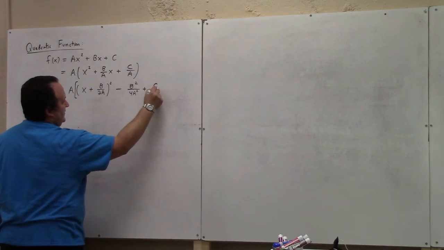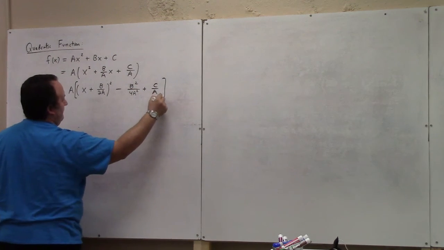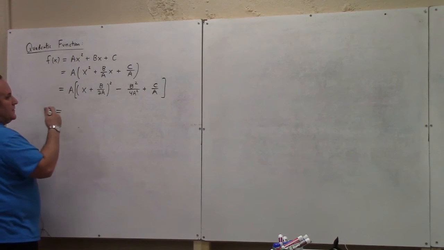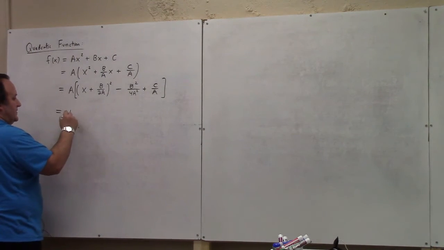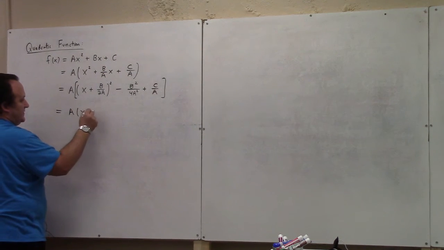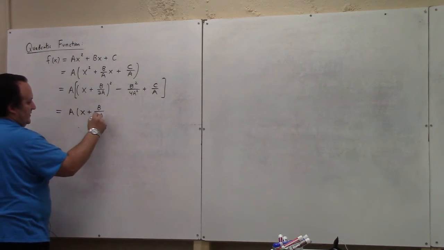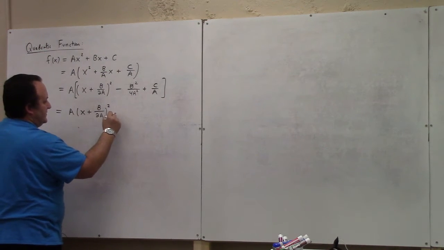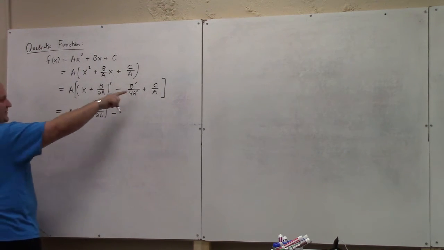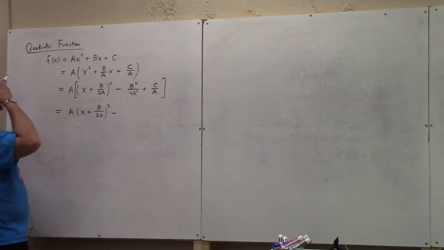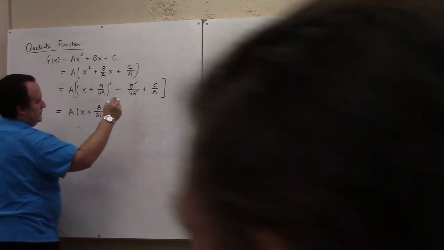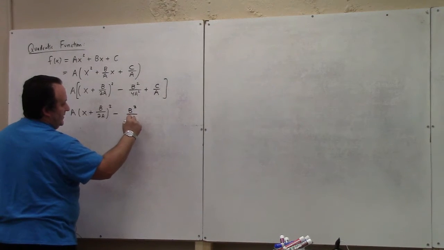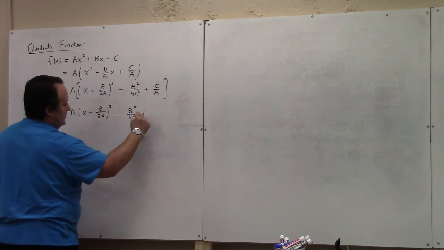Still got this c over a over here. And fine, if I clean this up just a bit more, this gives me a times x plus b over 2a quantity squared minus, what's this term over here? Multiply the a back through, I get a b squared over 4a, plus c.